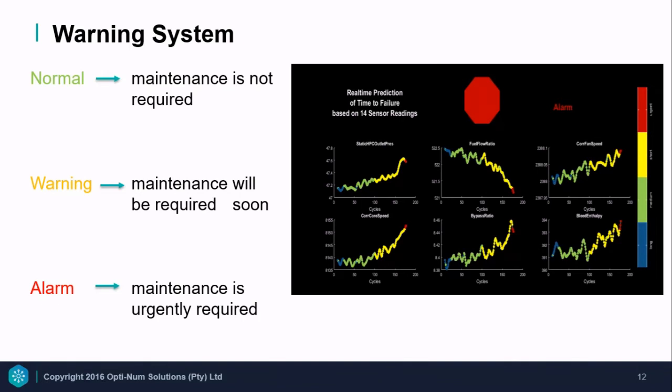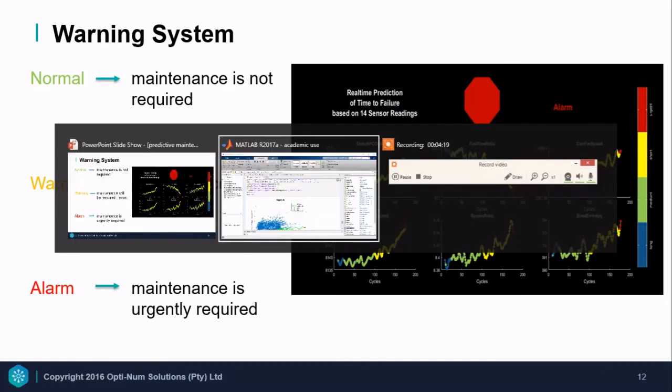So we will use 3 categories for our data. The normal category, which implies that maintenance is not yet required. The warning category, which implies that the engine might be giving some problems and that maintenance will be soon required. And the alarm category, which indicates that maintenance should be performed as soon as possible.